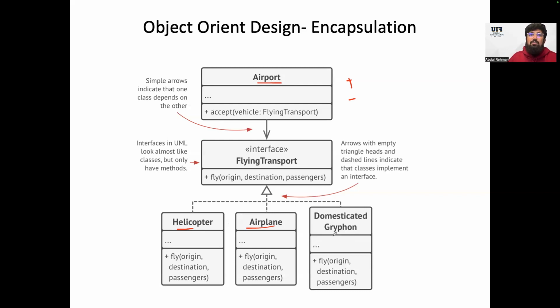But this does not stand alone as a complete system. The flying transport becomes one center point, which we call an interface, and both will be discussing the properties as well as the behavior, both from the airport as well as from the vehicles or types of planes landing at this information place. So what is an interface?